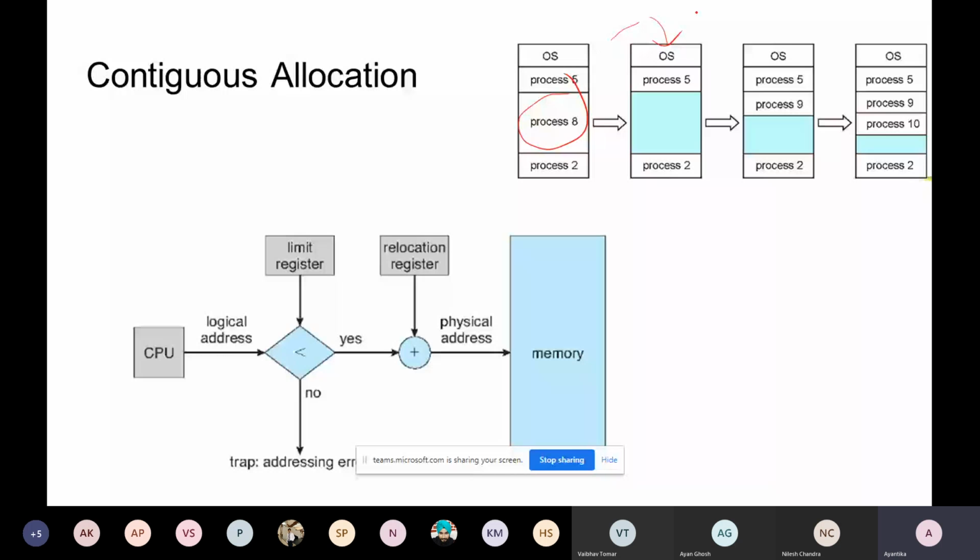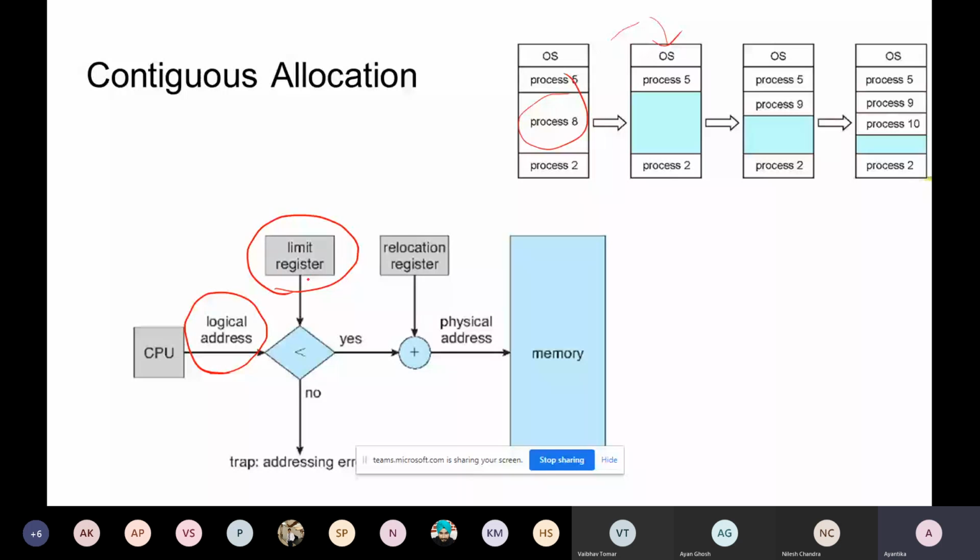Whenever the CPU creates a logical address and sends an address request to the memory portion, there is a check whether memory can allocate that much. So there is a limit register to check whether your required address request is within the threshold or not.